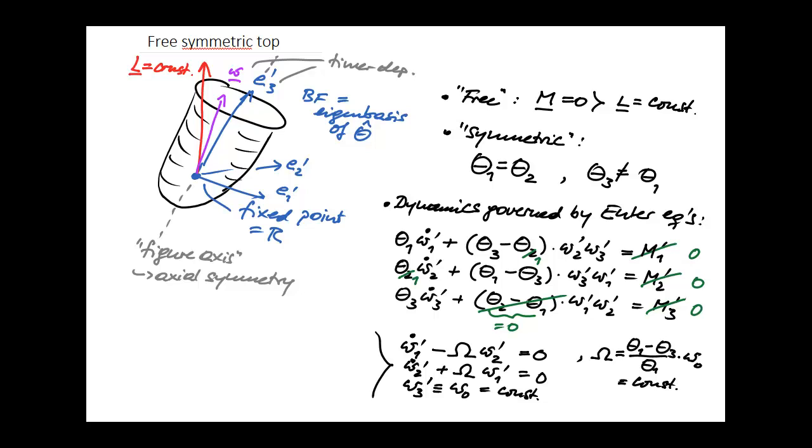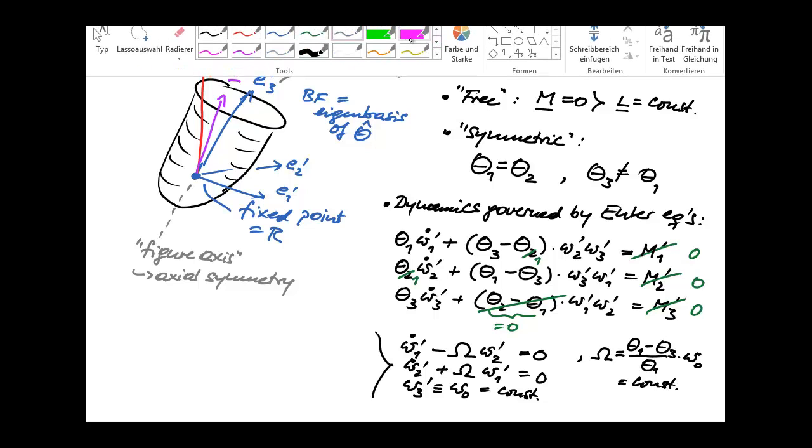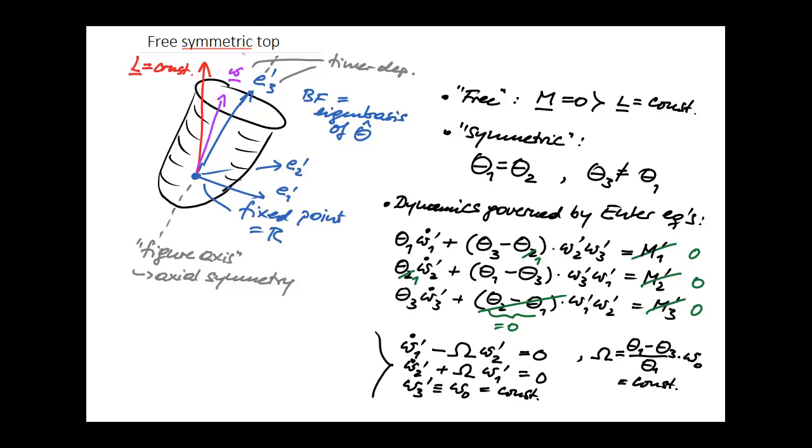What we just found out, however, is that the component omega 3 prime is constant in time. What is that geometrically in this figure? Omega 3 prime, that's the component of omega along the E3 prime direction.